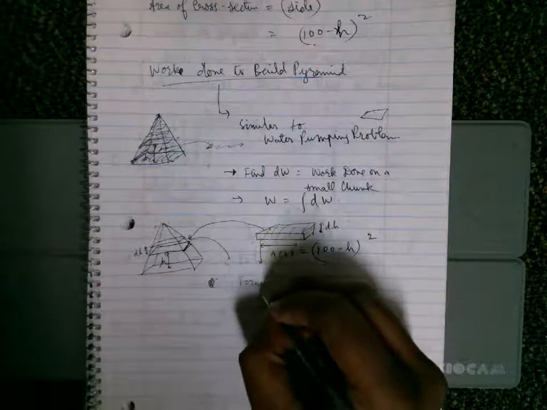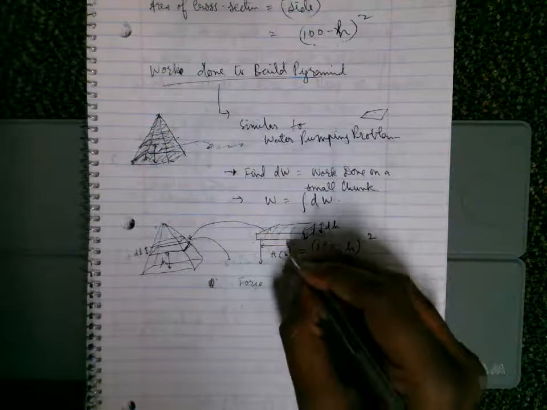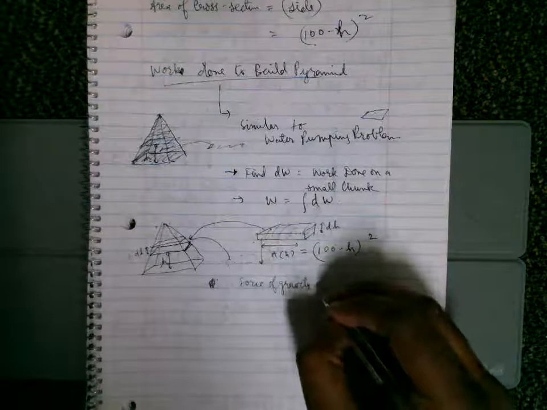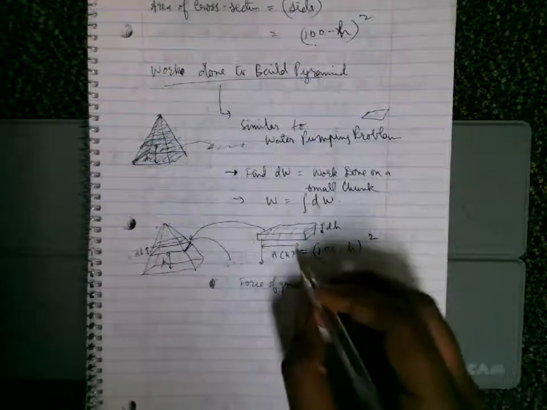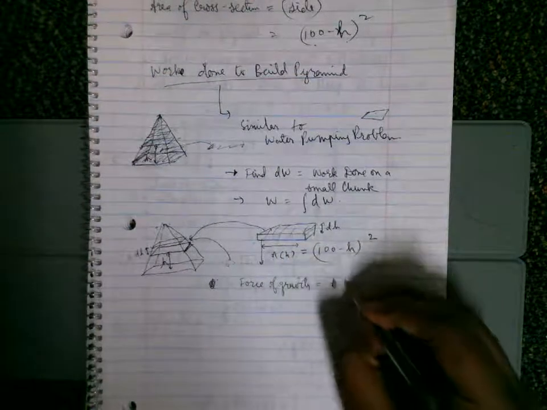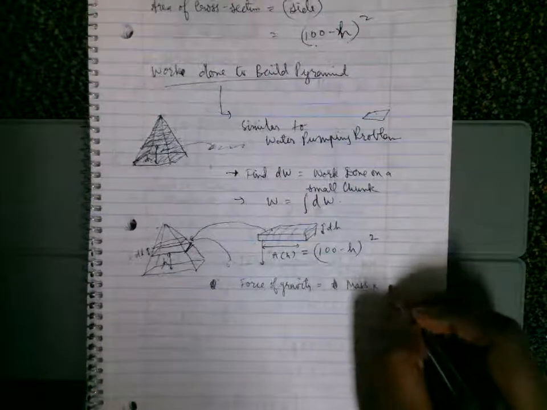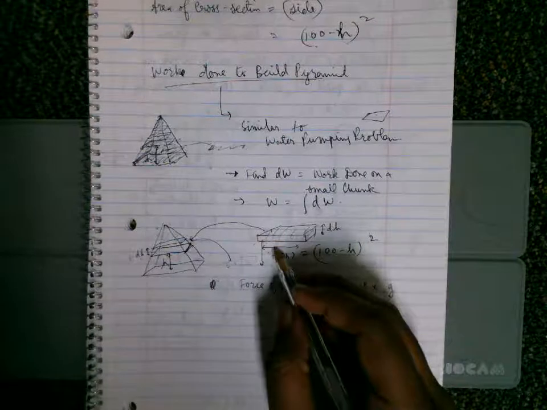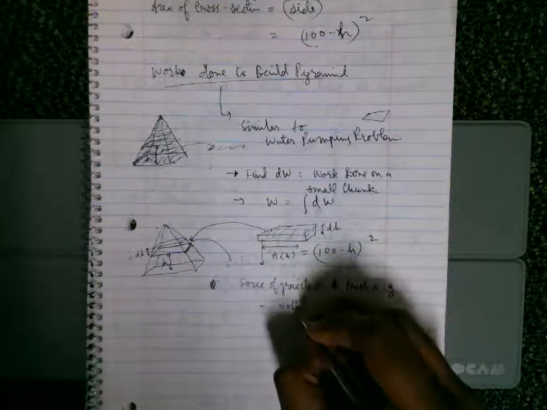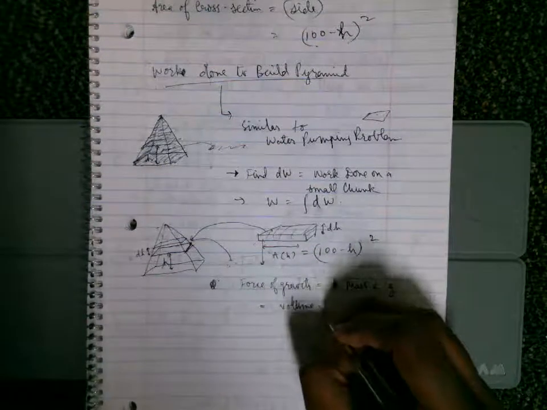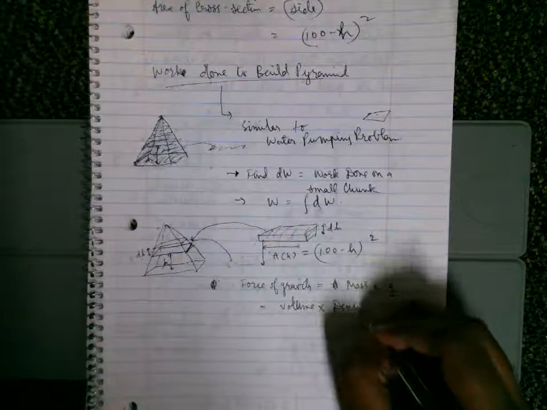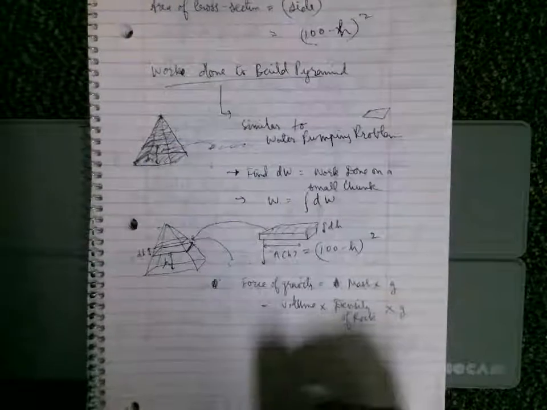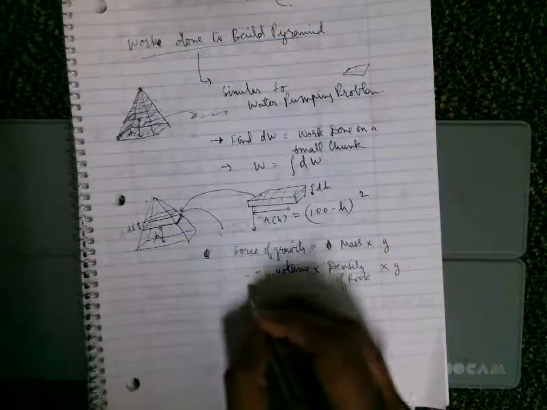Then the force of gravity on this stone is the mass times acceleration due to gravity, right? So what is the mass of this? It is the volume times density of rock, times g. And what is the volume?